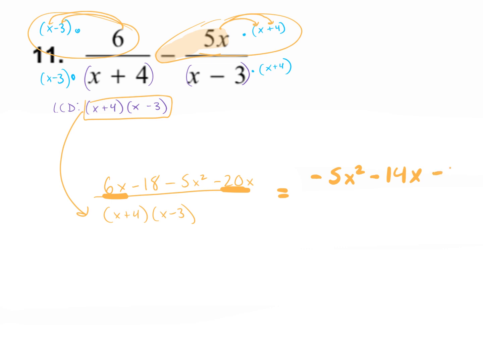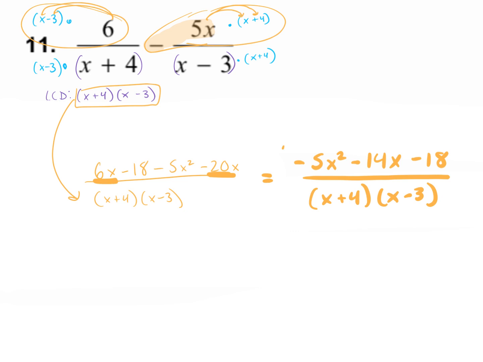And then minus 18 over x plus 4 times x minus 3. And that would be our answer.